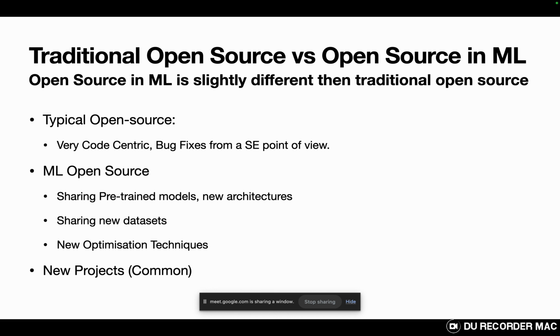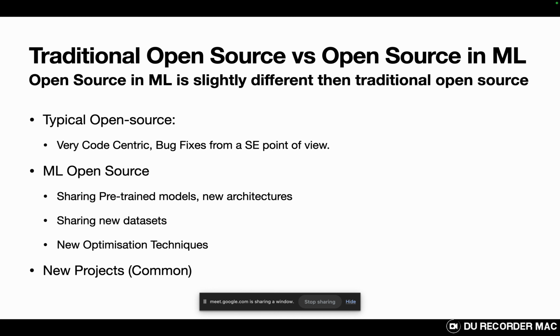Traditionally, in software engineering, it is very code centric. For example, if you find an open source repo, you see a problem such as something in the UI that needs to be fixed. You go to the code, you fix that UI, or you see some error in the database or in the backend side. You go to the code, you create a pull request, and you contribute to that repo.